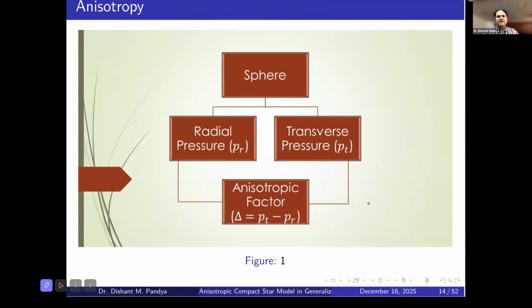This kind of situation where you have that uniformity is called isotropy. But anisotropy means this balance collapses. When the internal pressure and outer pressure are not equal in amount, then there must be some deformation. That deformation depends upon whether the radial pressure is higher or the transverse pressure is higher. Based upon this situation, anisotropy will occur.